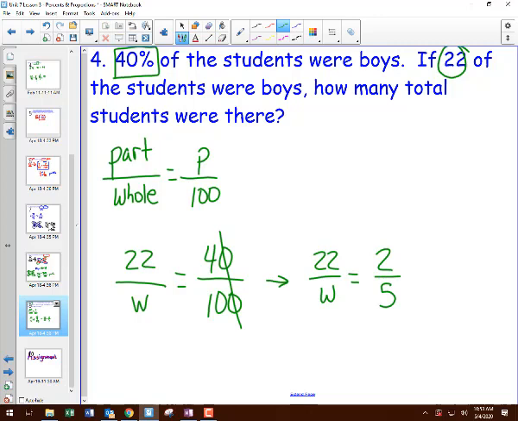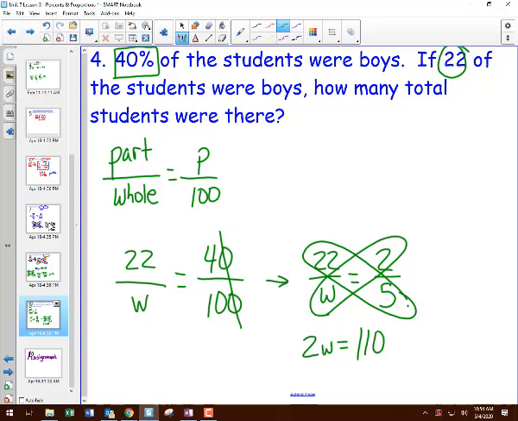We cross product this up. Remember, W times 2, so 2W is equal to 5 times 22. Okay, that one's going to equal 110.